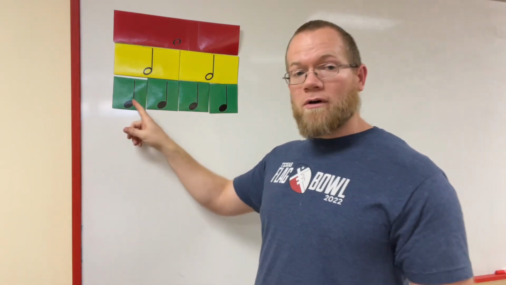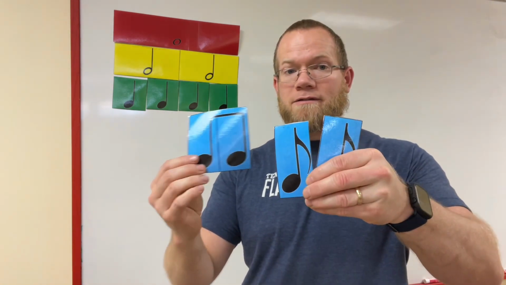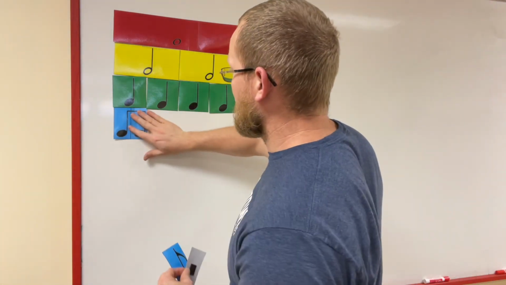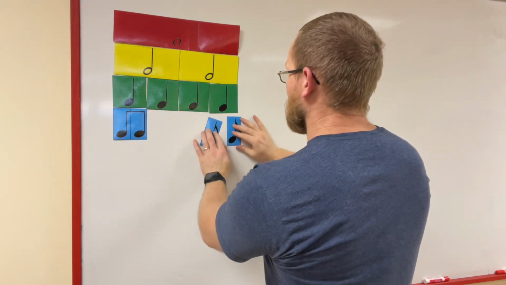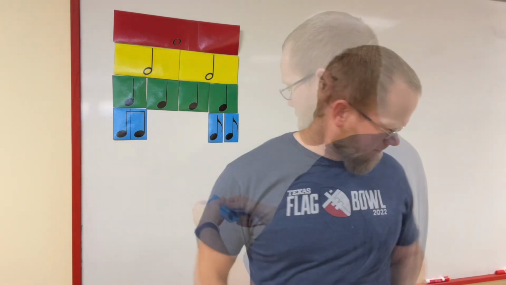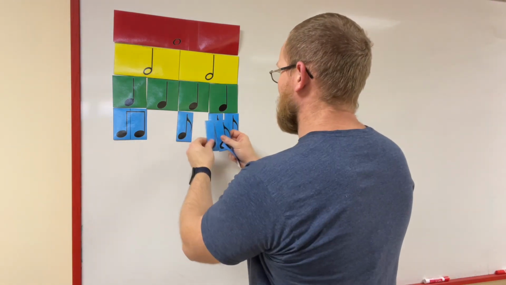But if we divide the quarter notes by 2, we get eighth notes. They can look like this. Notice that there are 2 notes together. Or they can look like this, 2 separate notes. So a quarter note divided into 2 is 2 eighth notes. And they can look 2 different ways. 2 more eighth notes.